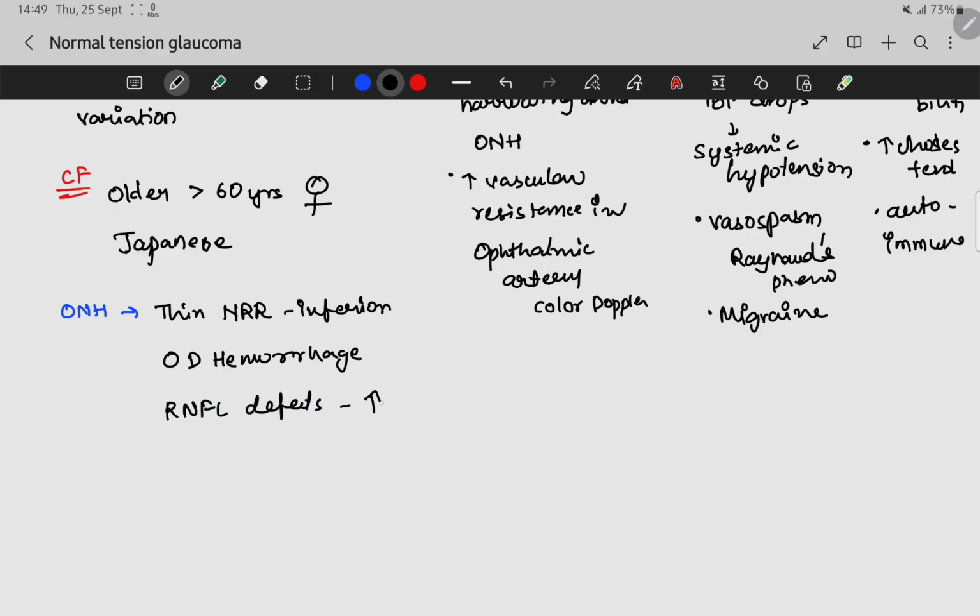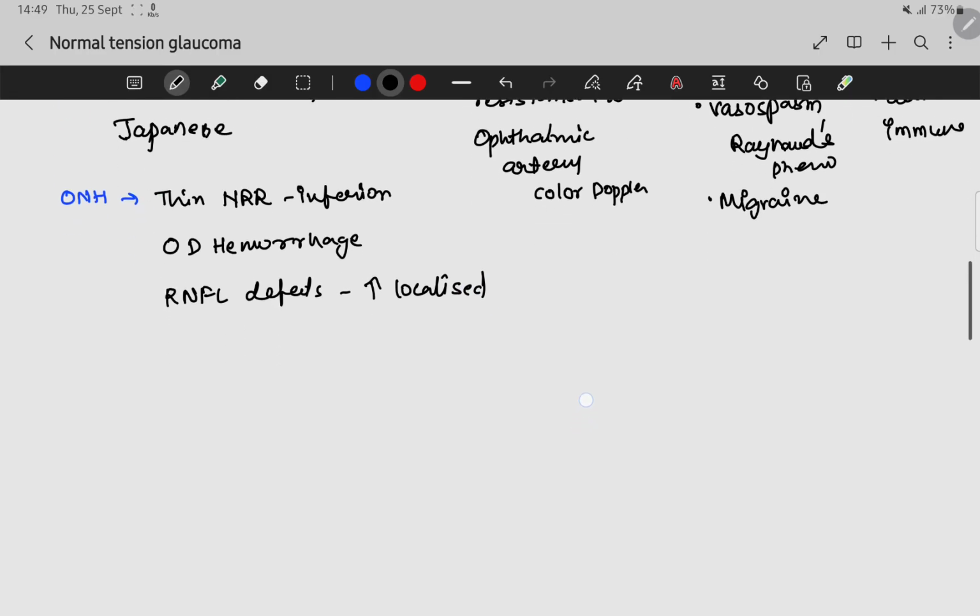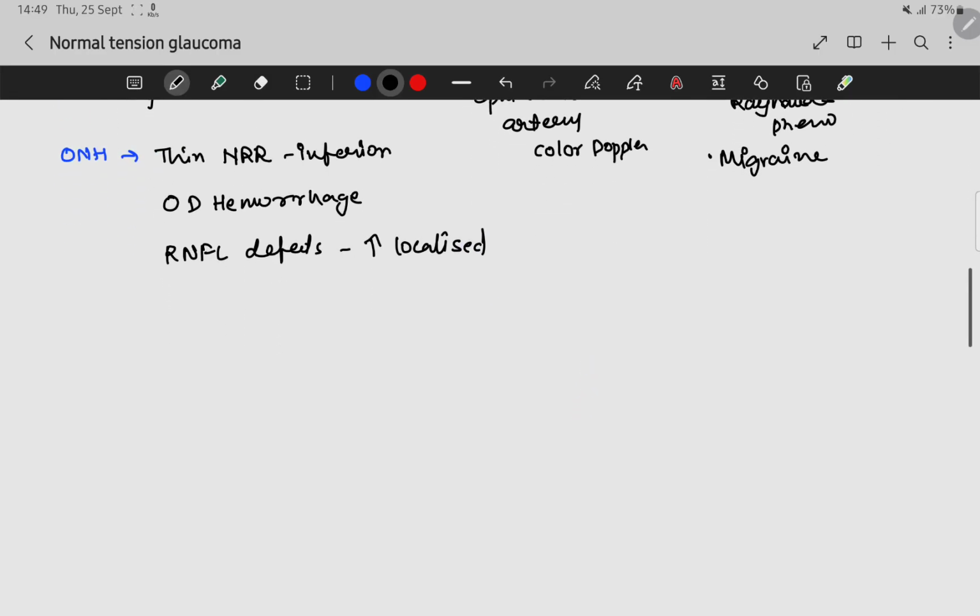These are more localized. We have large areas of parapapillary atrophy, especially in zone B.